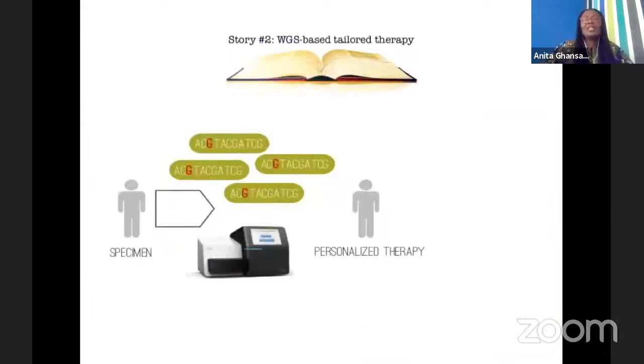The second thing that we also believe is that whole genome sequencing can help us tailor therapy.